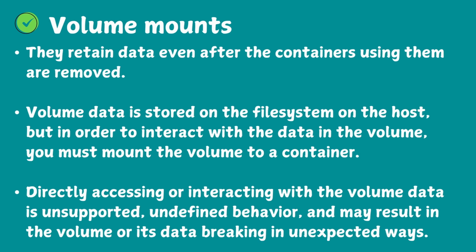Although we don't have direct access to the volume, this is the best way, as Docker manages the volume. We just have to create the volume, name the volume, remember the name of the volume, and attach that volume to the container. Everything else is taken care of by Docker internally.